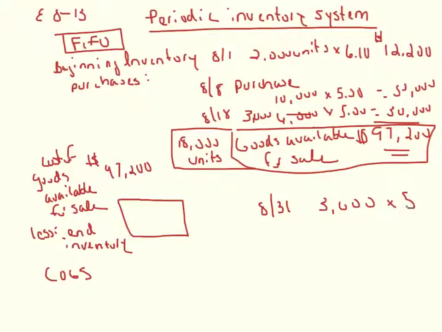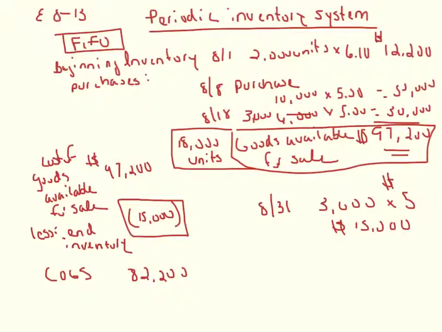So we've got 3,000 units at $5 per unit. That should give us 15,000. That's what is remaining as a cost of inventory on hand at the end of the month. So we've got 15,000 that we can fill in here as our ending inventory. Take that out of inventory to get our cost of goods sold, which would be 82,200, right?